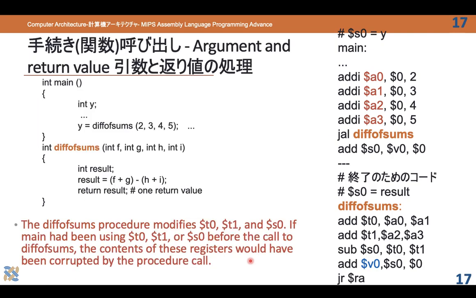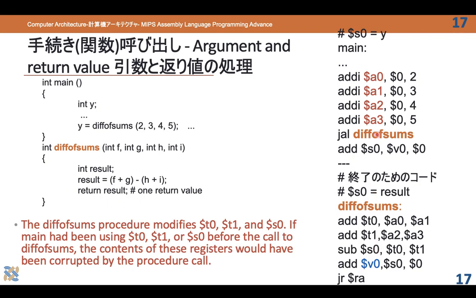But what's wrong with that here? Well, think about a tricky situation. In the procedure here, you use the t0, t1, and the s0 registers. But you don't know whether the main function already used these 3 registers or not.